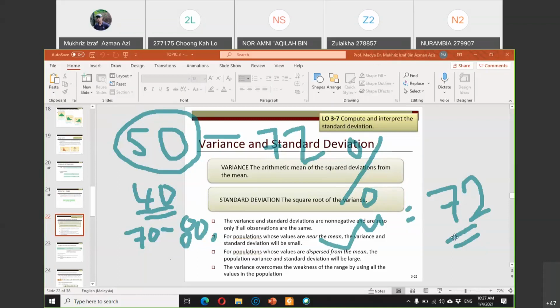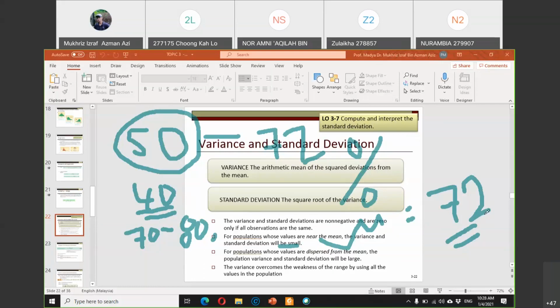We know that 40 students out of 50 have marks around 70 to 80, which is near to the mean of 72. So when you calculate the variance or standard deviation, it will be small because it is a measure of dispersion. In other words, our data is not dispersed. It is located around the same julat or the same range. Okay, so that's what it means.